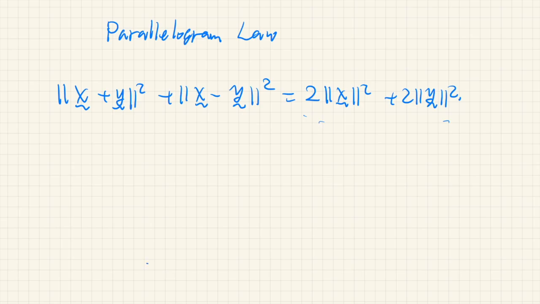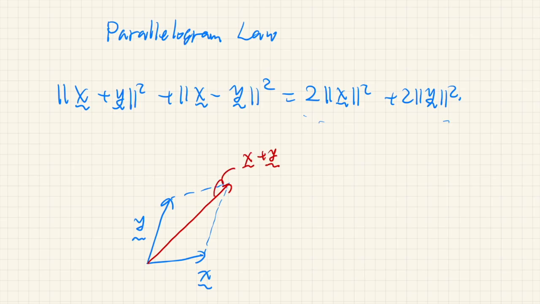So if we have two vectors, x and y, then we can make a parallelogram using these vectors. And this vector is x plus y. And this vector is x minus y.